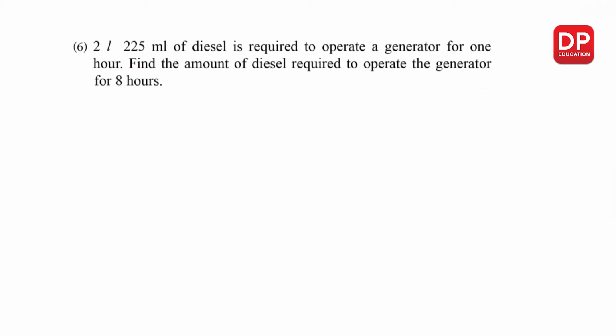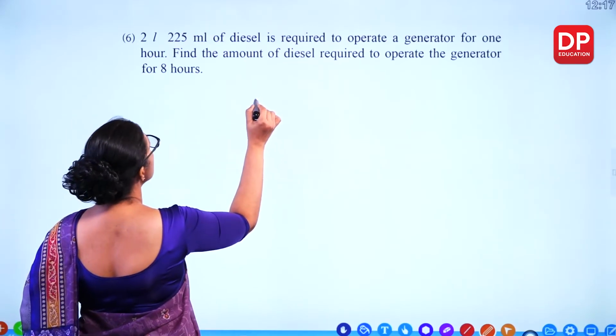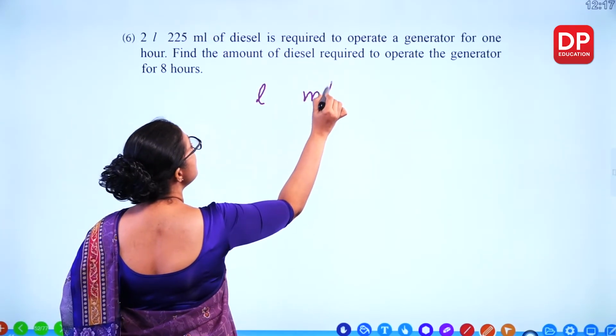Question number 6. 2 liters 225 milliliters of diesel is required to operate a generator for 1 hour. Find the amount of diesel required to operate the generator for 8 hours. This is normal multiplication. Liters, milliliters.